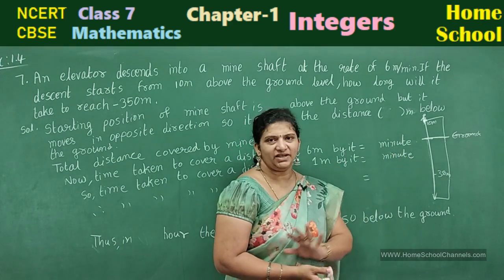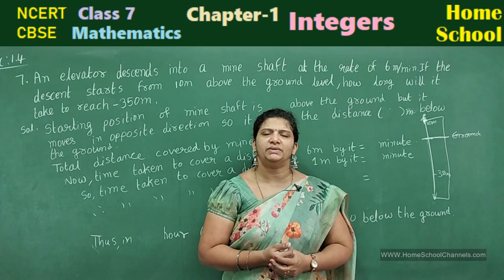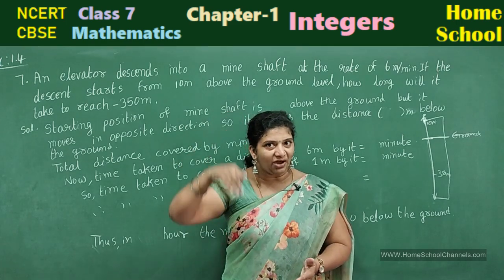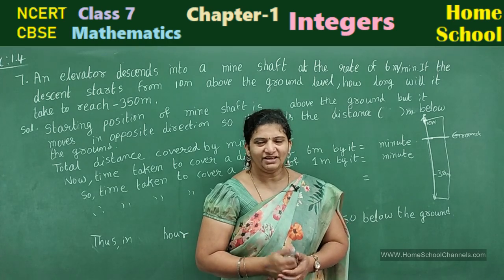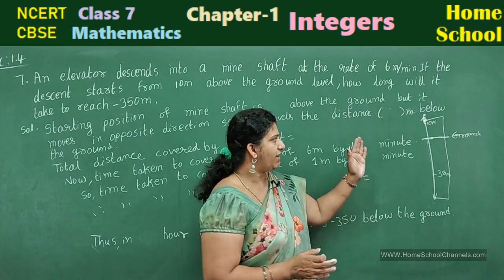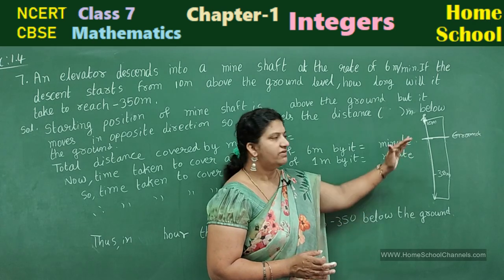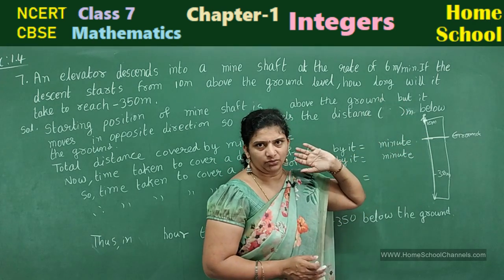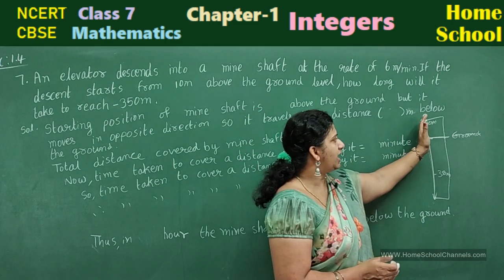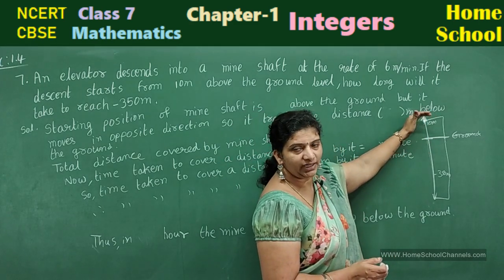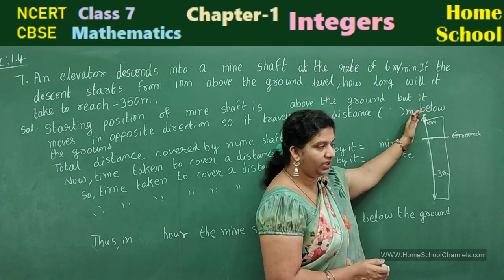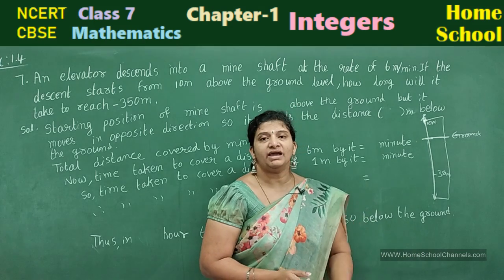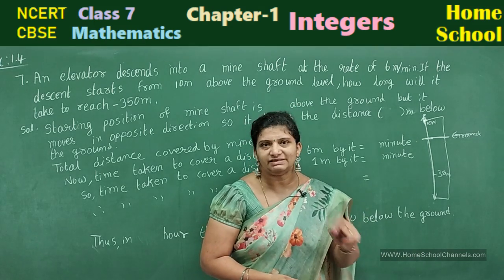Imagine this as an elevator. Another example, you can see in your apartments, lifts, going down. So, in the same manner, you imagine an elevator here, which is starting from 10 meters above the ground. So your elevator started from here, 10 meters above the ground, and from ground level it is minus 350 meters inside.